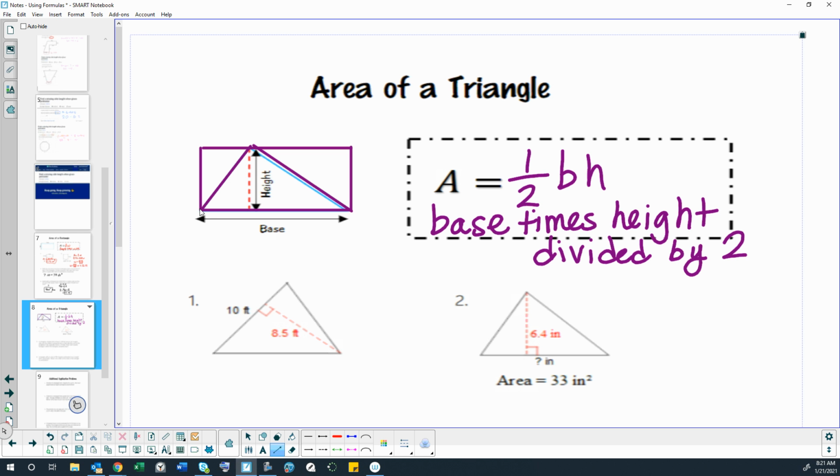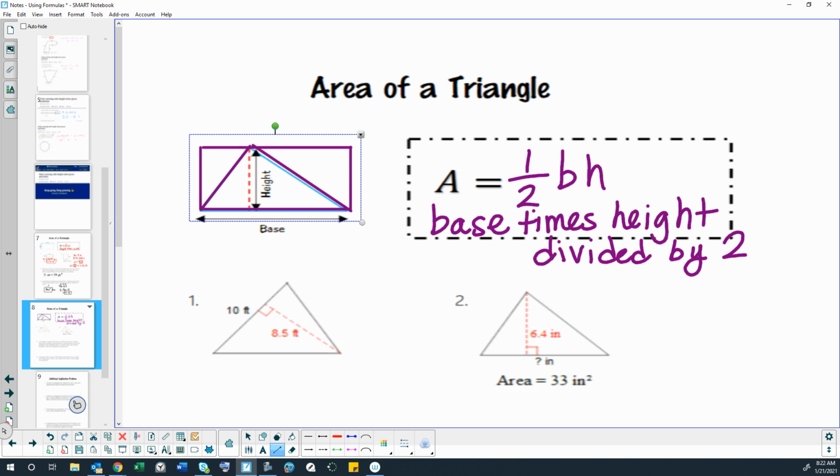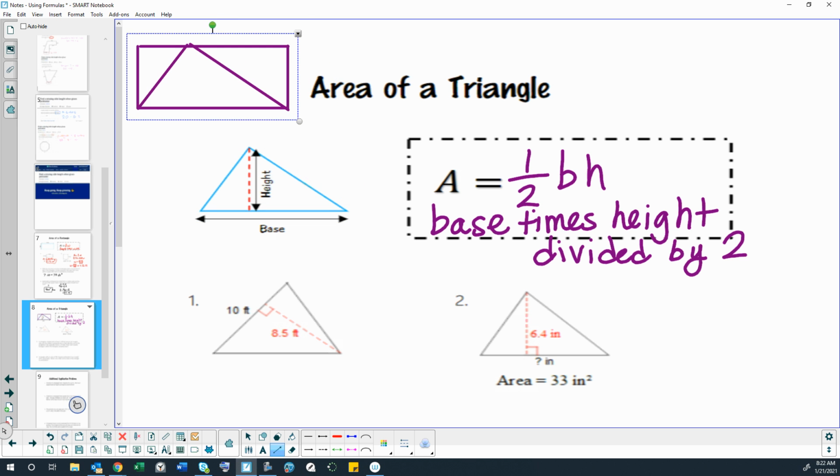So let me throw away this rectangle for a second. So we understand that the rectangle would have an area here. I'm just going to set that aside for a minute.